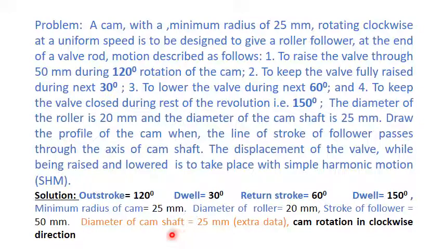The diameter of camshaft is 25 mm, what is given in the statement of problem, but this is extra data, not essential to solve the problem, but anyway we'll draw this circle. Then cam rotation is in the clockwise direction. So as we have discussed in the previous class, we will draw the profile in the anti-clockwise direction.